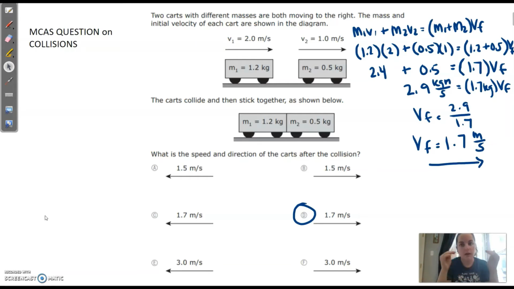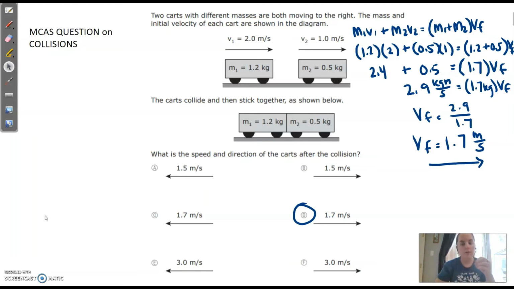Once you do the math, the momentum of the first cart is 2.4 kilogram meters per second, and the second is 0.5 kilogram meters per second. Then you add those together, and your total initial momentum is equal to 2.9 kilogram meters per second. Now your initial momentum has to equal your final momentum, just due to the conservation of momentum.